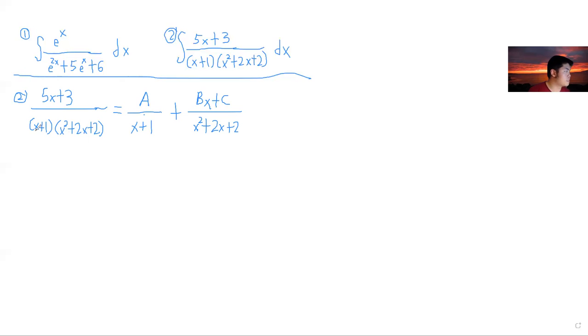Now let's multiply both sides by this value here, which means 5x plus 3 is equal to a times x squared plus 2x plus 2 plus bx plus c times x plus 1.